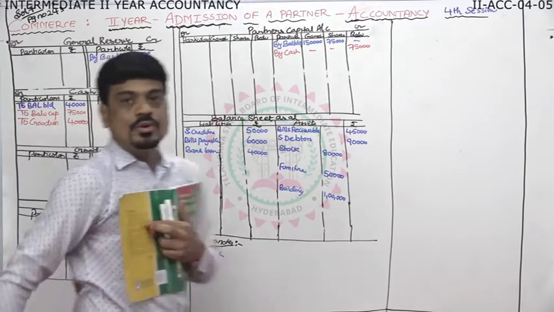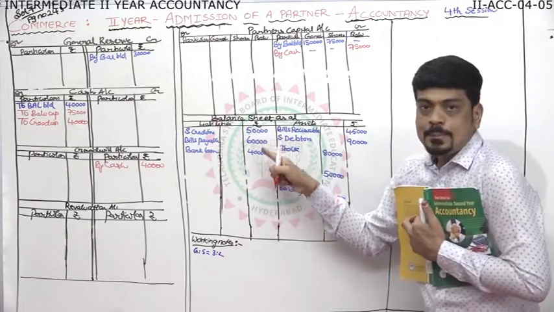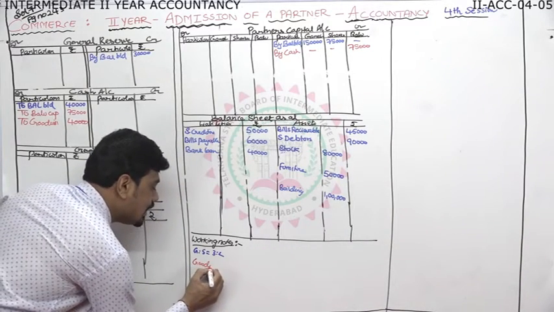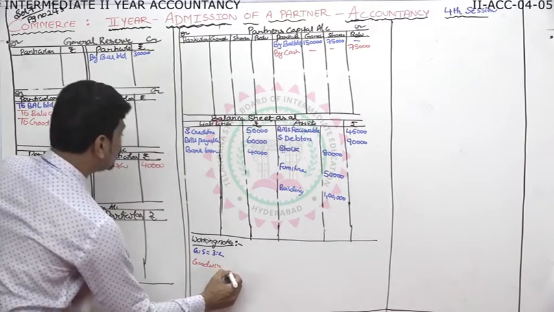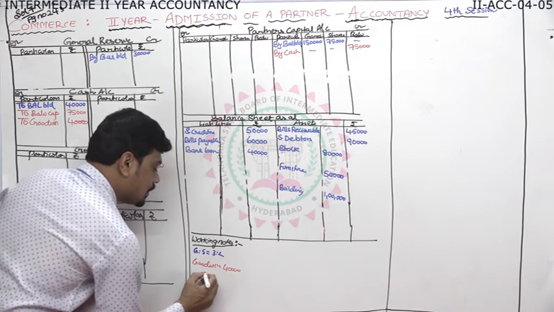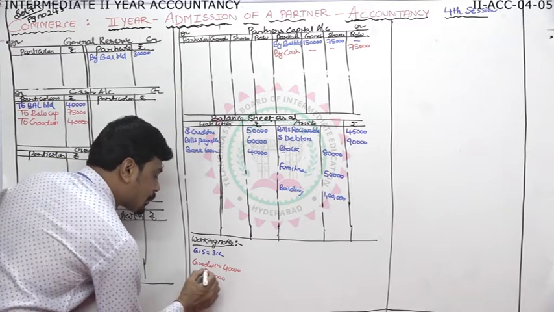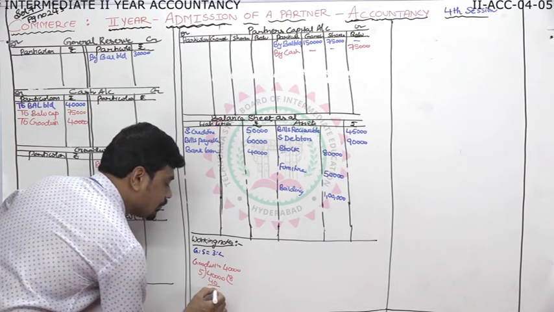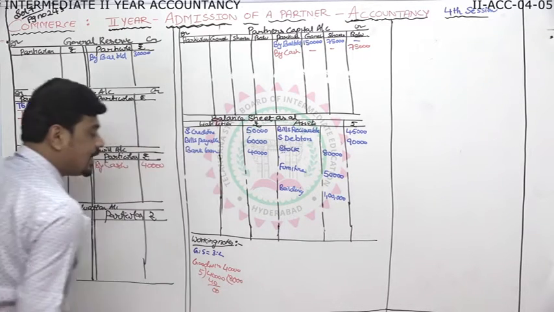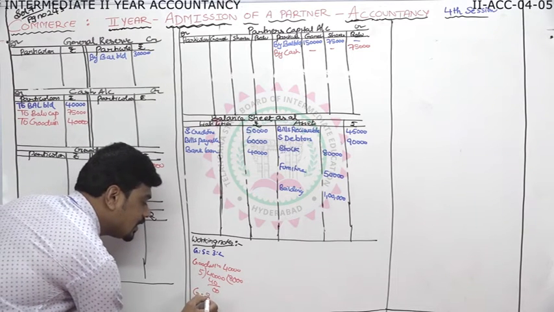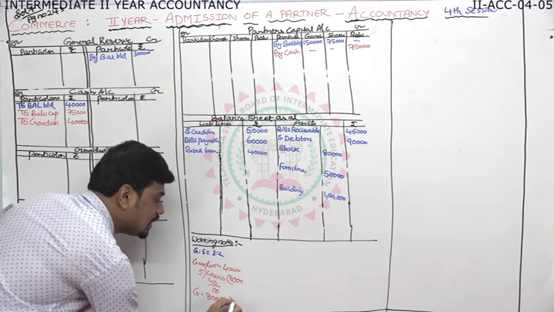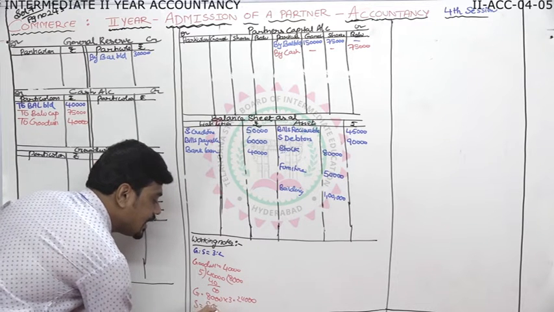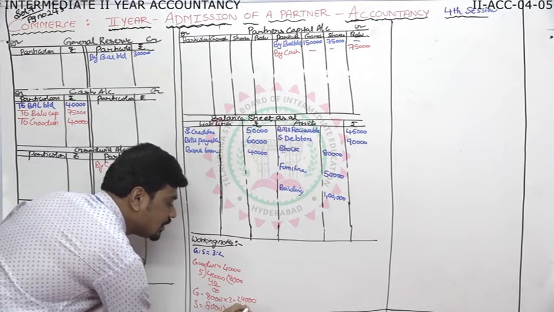Now immediately this goodwill is to be distributed between old partners Ganesh and Shankar. So here we are doing the working for goodwill. How much is goodwill? 40,000. Now this 40,000 we are dividing by 5. 5 8s are 40, so we are getting a quotient of 8,000. Ganesh's share is 8,000 into 3, 24,000, and Shankar 8,000 into 2, 16,000.